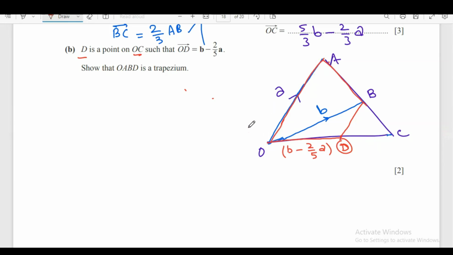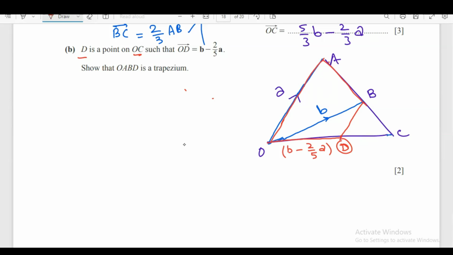For a trapezium, one pair of opposite sides must be parallel. The opposite sides OD and AB are non-parallel, and we have to prove that the vectors OA and DB are parallel.